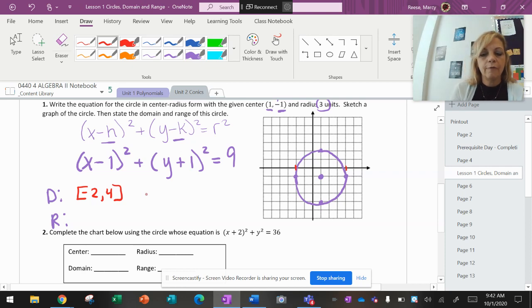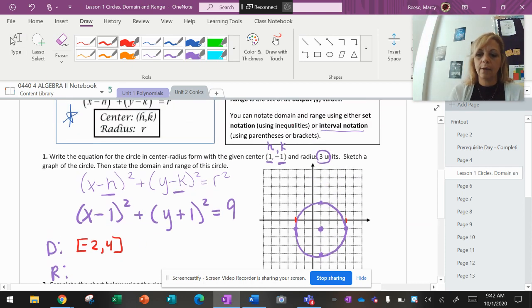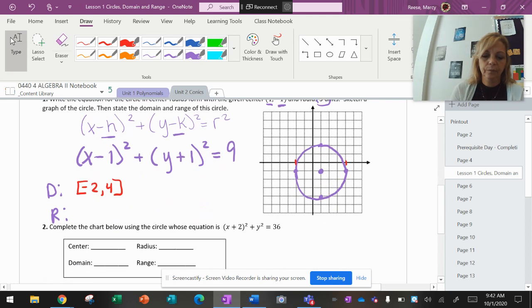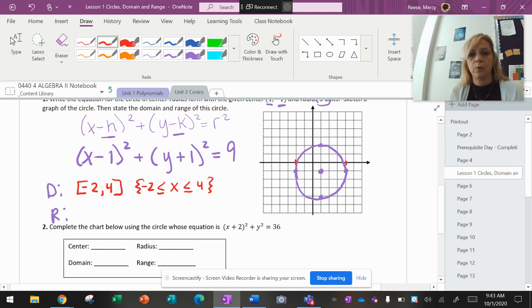If I want to use set notation with the inequalities, we would write x is anything greater than or equal to -2 and less than or equal to 4. But I'm going to tell you right now, I want the first one. I want the brackets. I want the interval notation.